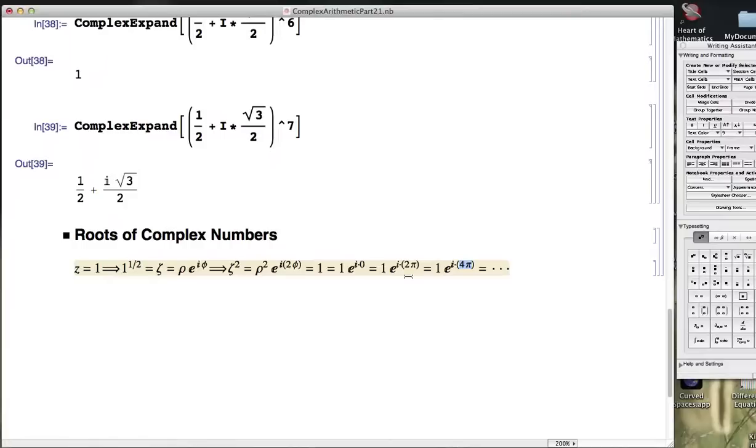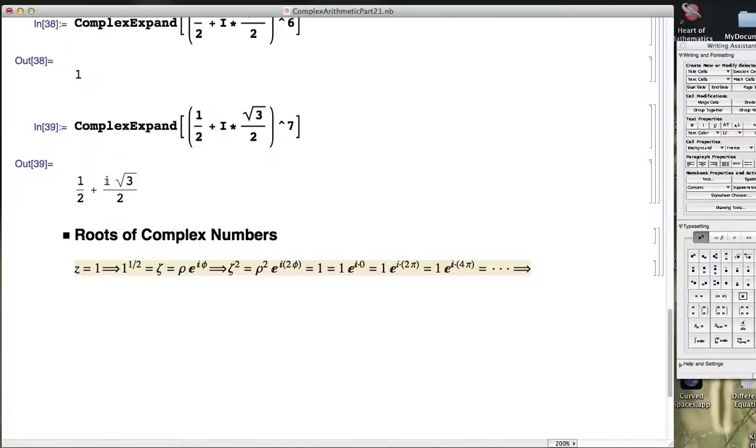That means the only possibilities for zeta here are plus or minus 1, because in polar form 1 has an argument that's a multiple of 2 pi, and negative 1 has an argument that's pi plus a multiple of 2 pi, like 3 pi or 5 pi or 7 pi. So the only possible answers are plus or minus 1 here, and I guess that's comforting.